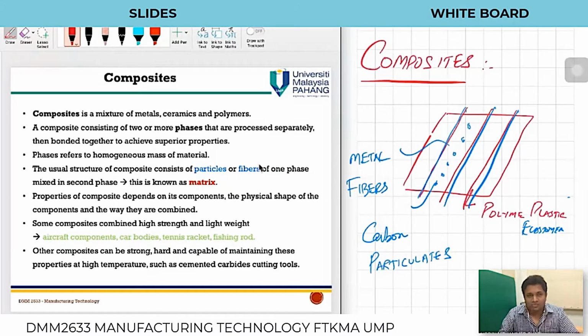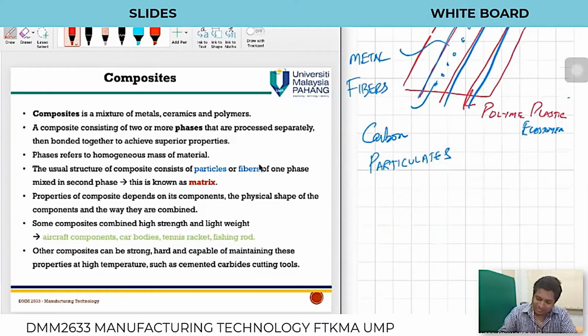And this is a polymer. So this is a composite material. A composite has two or more different types of material. A composite can have polymer, metal, ceramic together, or ceramic and metal, or ceramic and polymer, or polymer and metal, or metal and ceramic.